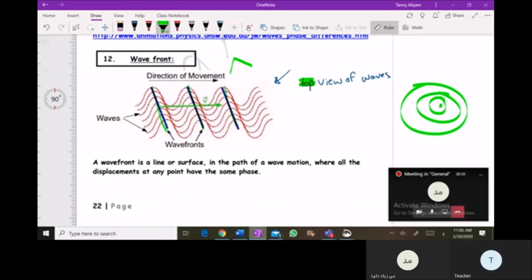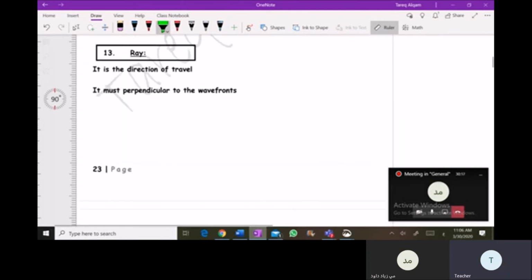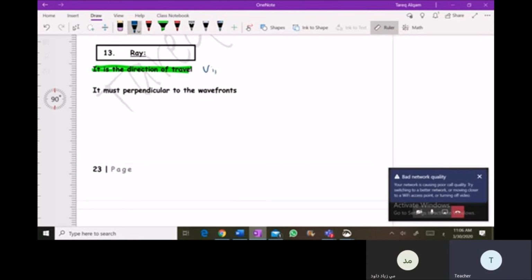Okay, these we call wave fronts. Wave fronts. Ray, just a definition, is a virtual line that shows the direction of travel, which is always drawn perpendicular to the wave fronts. Like this.